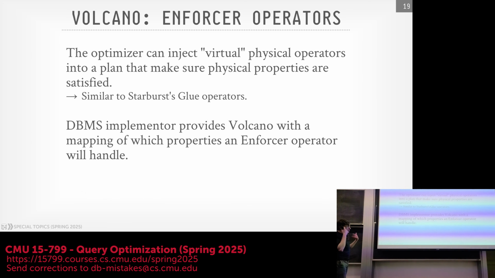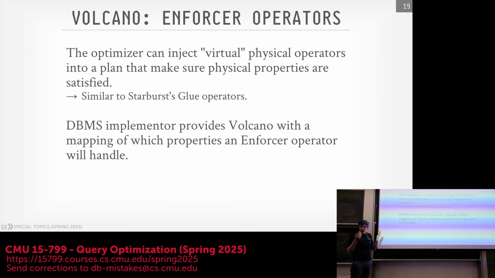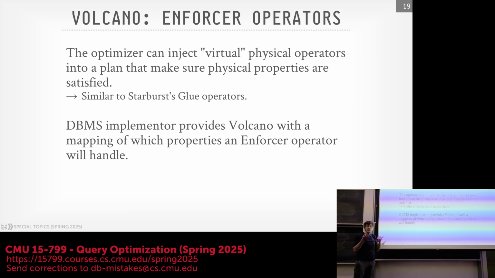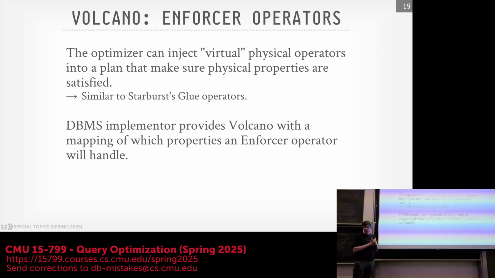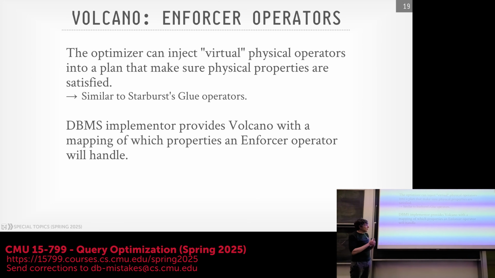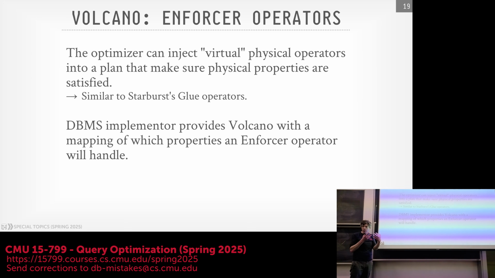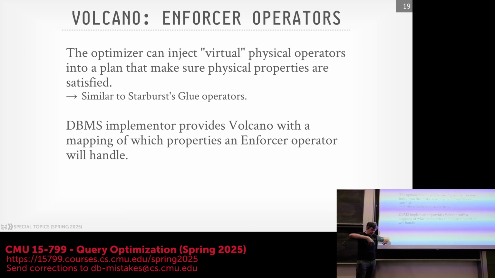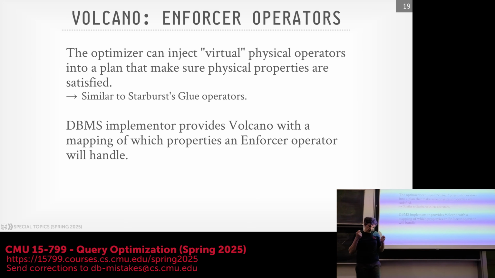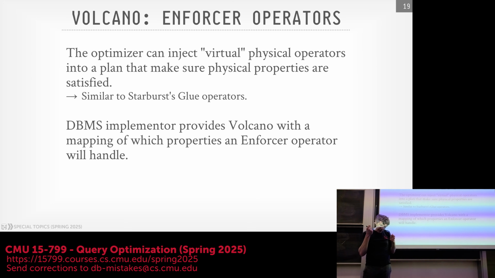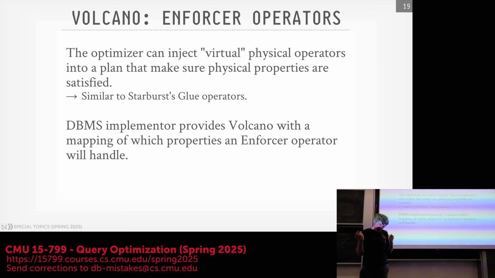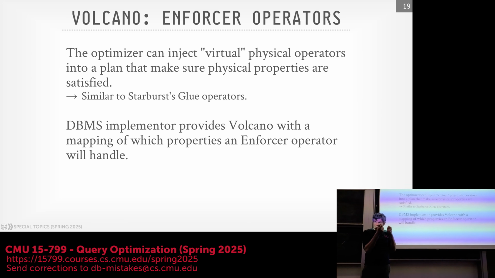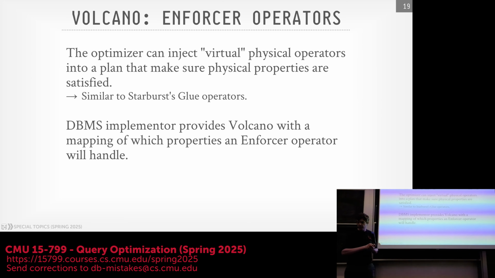So again, the enforcers are basically equivalent to the glue operators that were in Starburst. It's just a way to keep track, in my query plan as I'm examining it, of whether the data coming up through the stream or the edge in that tree is going to be in the form that I need.